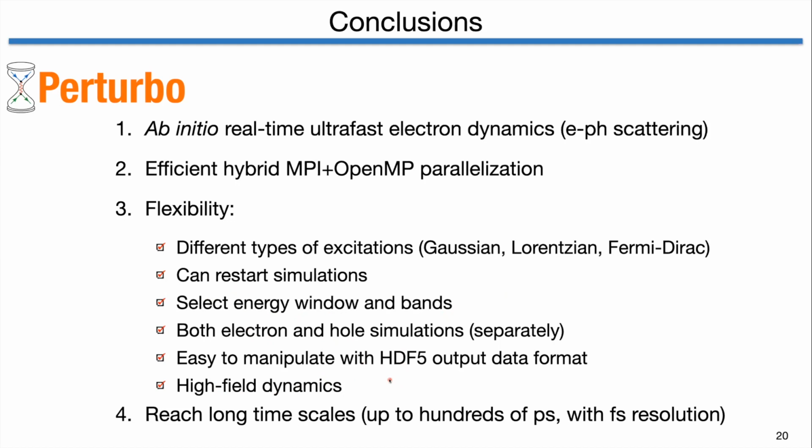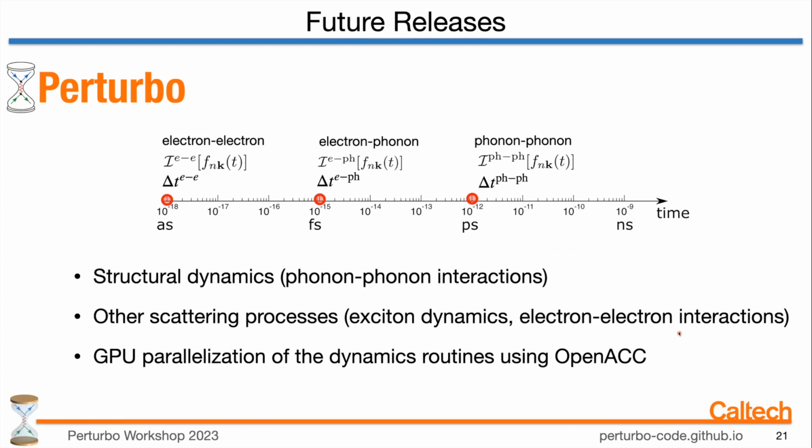So with this efficient parallelization, we are able to reach long time scales, even for realistic systems with very dense electron and phonon grids. As for future releases, I wanted to present this diagram of different time scales. In today's lecture, we consider the electron-phonon interactions, which require a time step of 1 femtosecond.